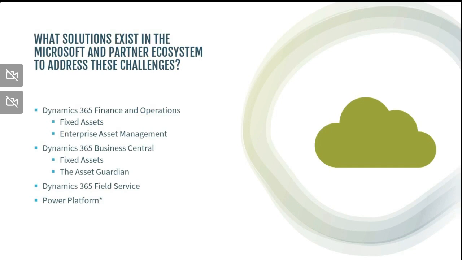We can even use, for example, Dynamics 365 Field Service to address some of these maintenance needs that you may have if you don't have either the Finance and Operations or Business Central ERP platforms. Maybe you've got a CRM platform with Dynamics 365 Sales. Well, Field Service might be a better product for you to implement because it may align to your technology direction inside of your organization.